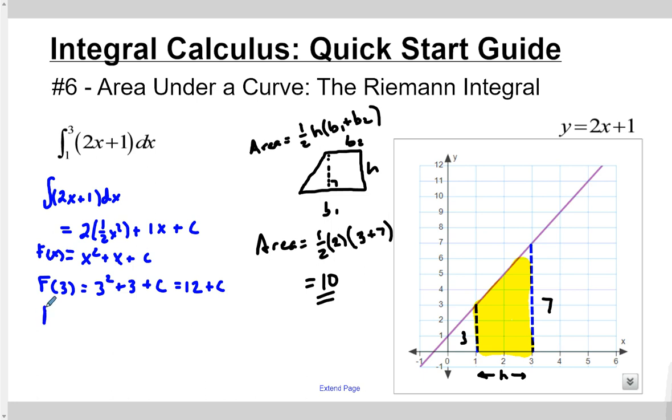And if we take the antiderivative and evaluate that at 1, we get 1 squared plus 1 plus c, which is to say 2 plus c.